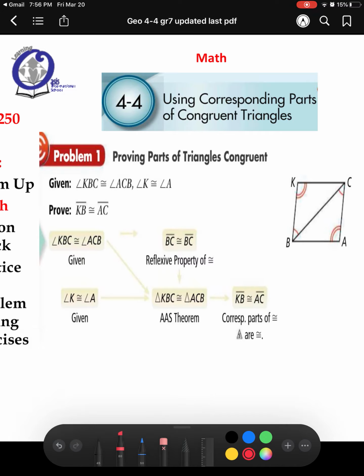He said that angle KBC, this is the angle, is congruent to angle ACB, this is the angle. So I have information about the first angle. The second angle is angle K congruent to angle A. Now he mentioned 2 angles.